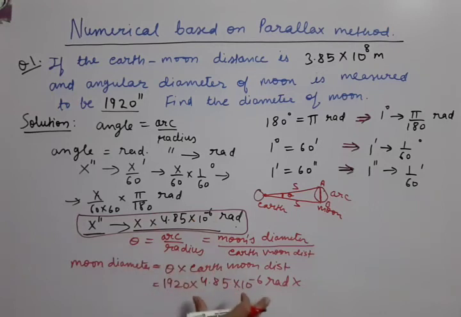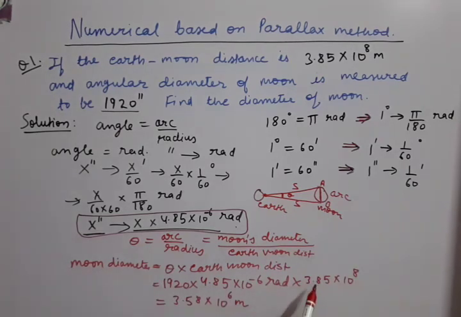That we have done. And the Earth moon distance value is 3.85 into 10 raised to power 8. So substituting the Earth moon distance, multiplying it with theta, we are getting this answer, 3.58 into 10 raised to power 6 meter. It is the answer for the moon's diameter.